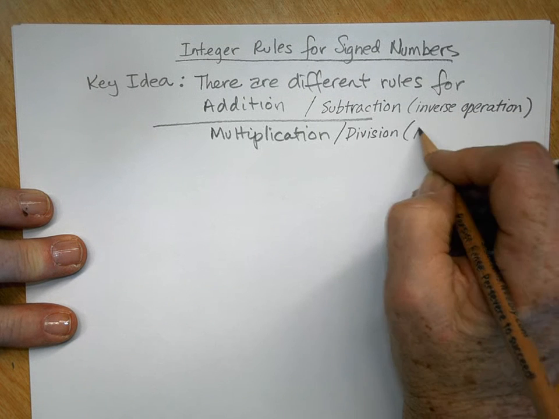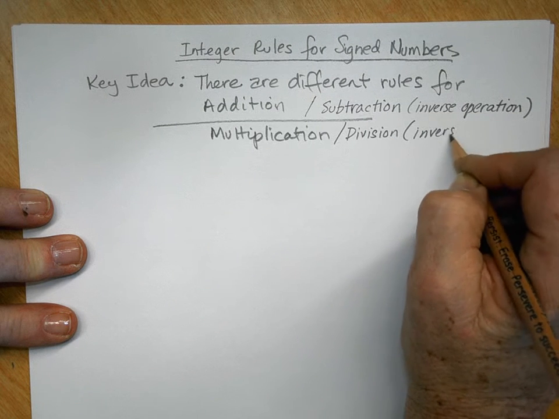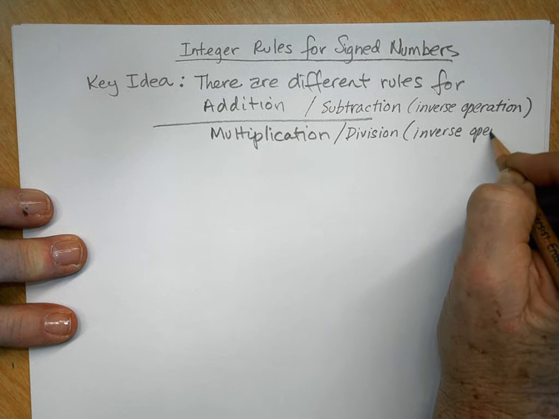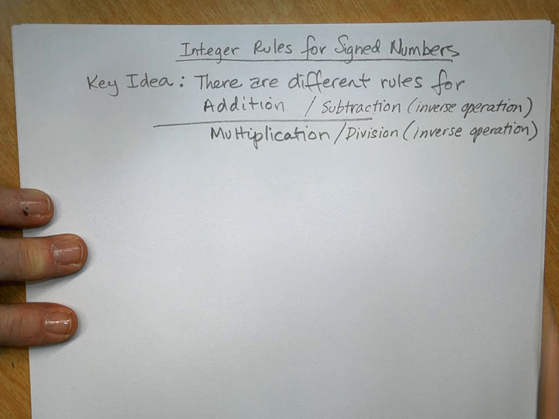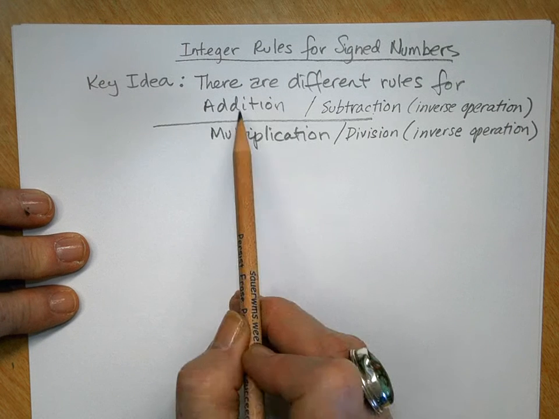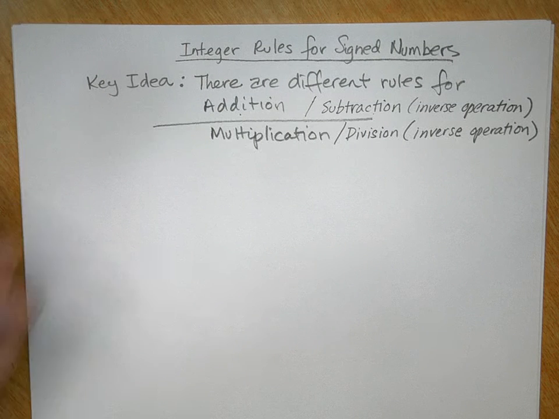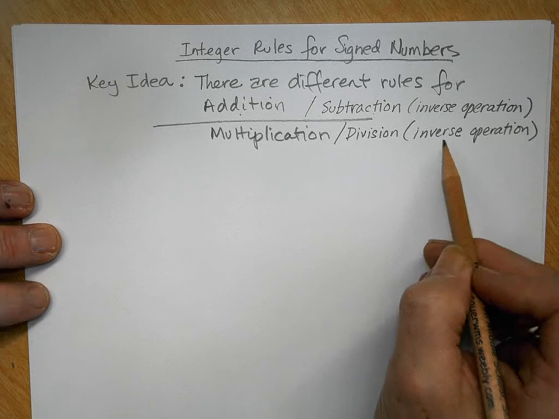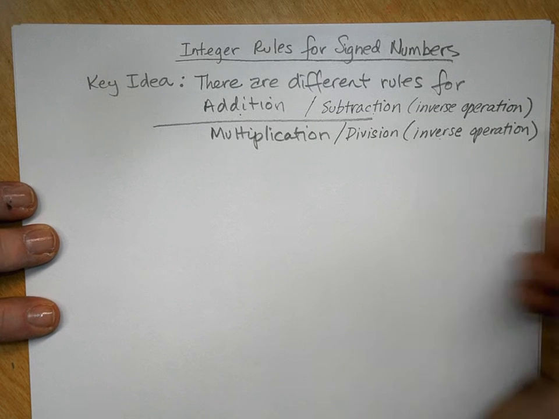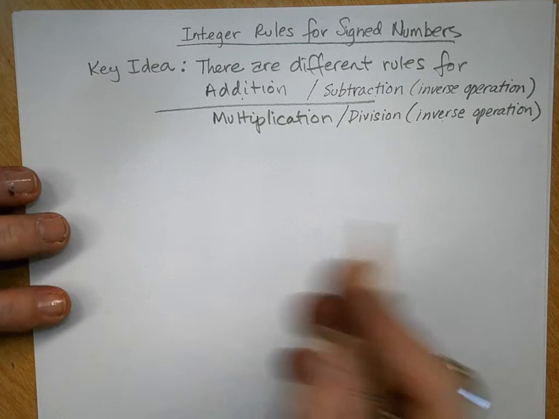For the same reason, it's an inverse operation. Both of these operations can be expressed as their inverse by employing the idea of either the additive inverse or the multiplicative inverse. So these are the rules.